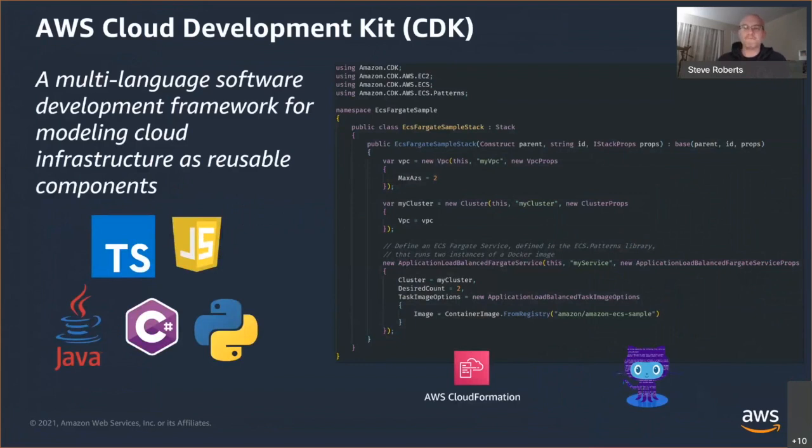It's an open source project, so you'll find it on GitHub. And what it does, it takes your infrastructure definition written in code, in this case, in the example here, it's C#, and turns it into a CloudFormation template behind the scenes, which it then deploys out to CloudFormation. And you can manage the stack, as it's called, the infrastructure from the CDK command line.